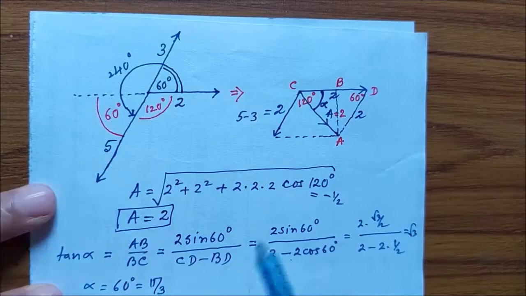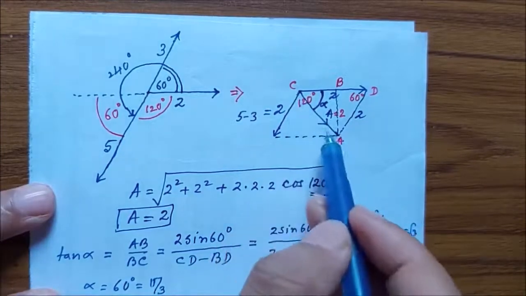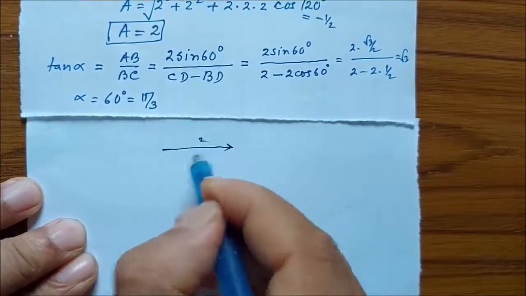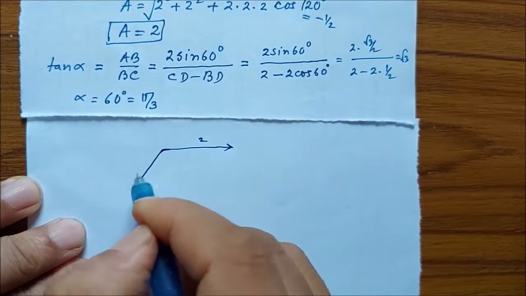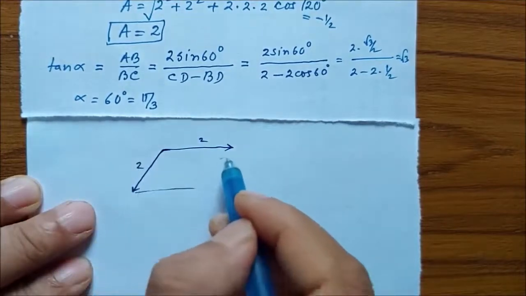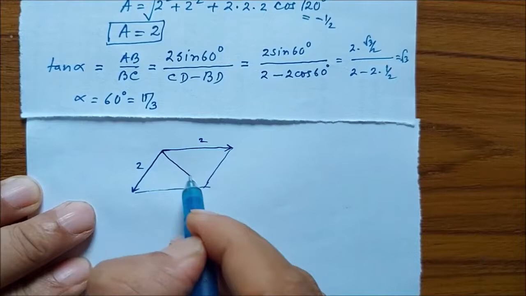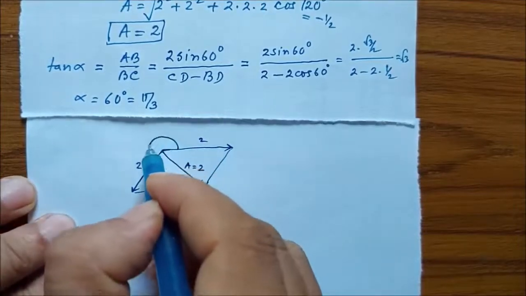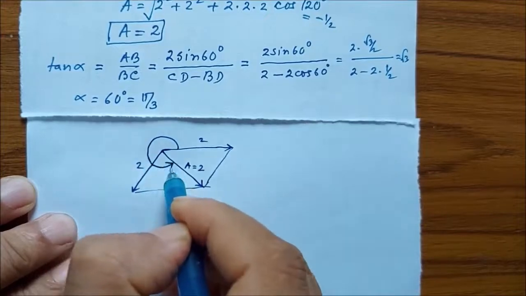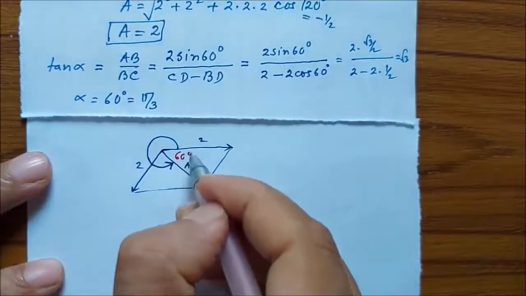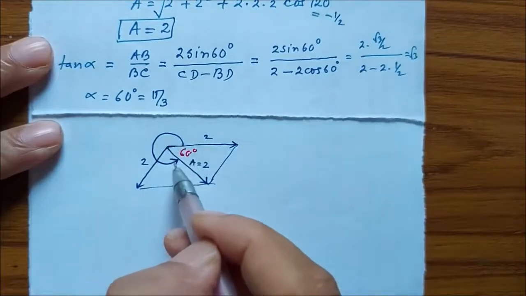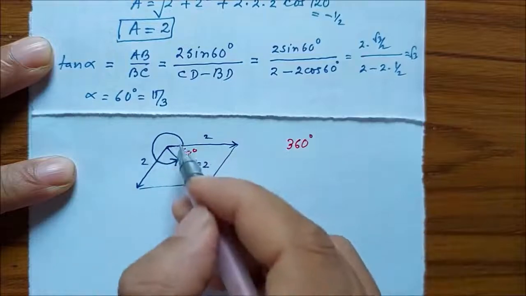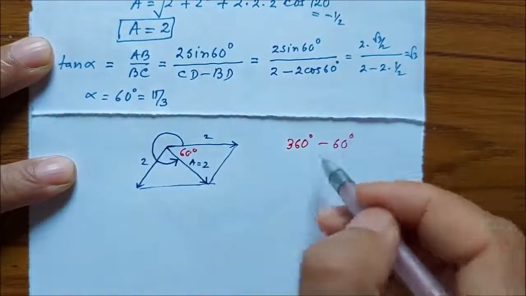So what will be the phase of this resultant? So this was 2, this was 2, and this was the resultant, which was also A equal to 2. What is this angle? Now this was obtained to be 60 degrees. So this phase angle will be 360 degrees, which is the total one, minus 60 degrees.